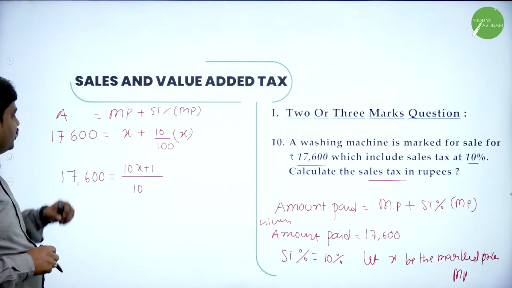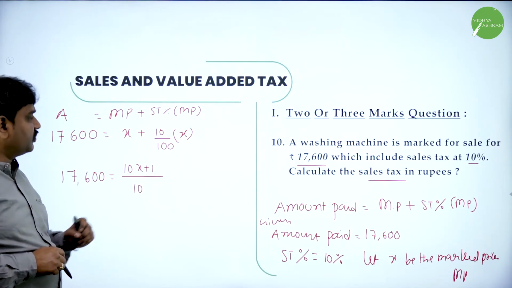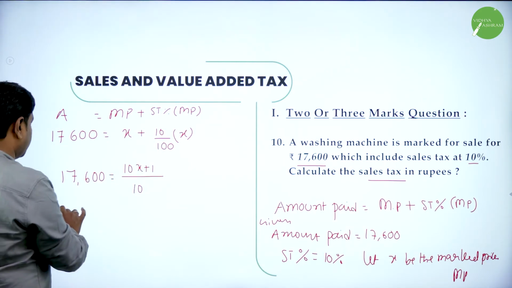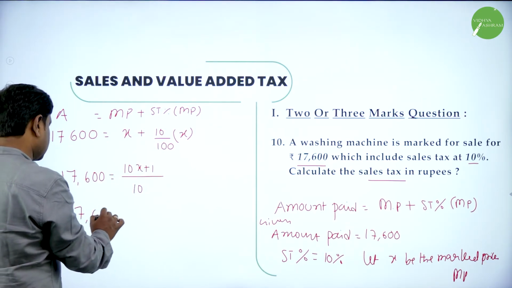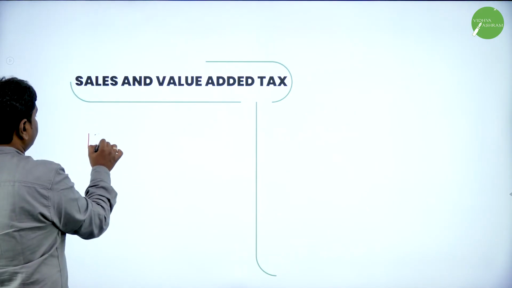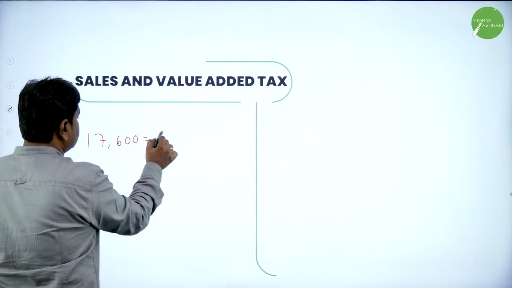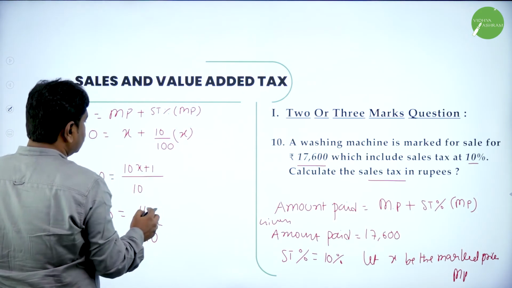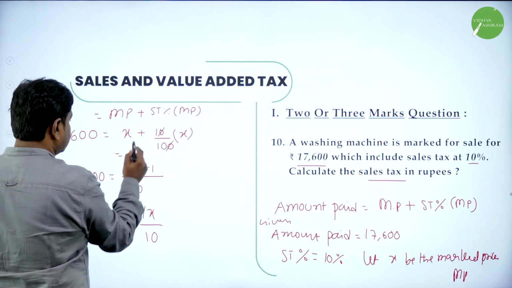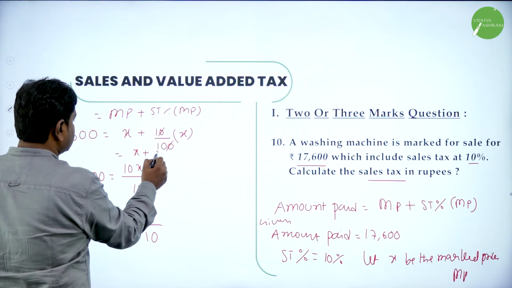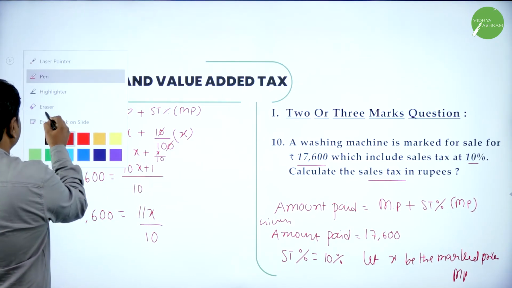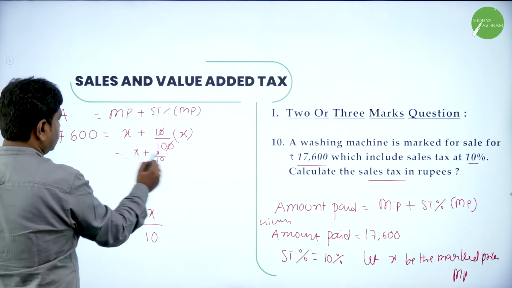The amount paid is 17,600, the market price is X, and 10% means 10 by 100 of X. So that will become 17,600 is equal to X plus X by 10. If you take the LCM, 10 is the LCM, so it becomes 10x plus x, which is 11x by 10.